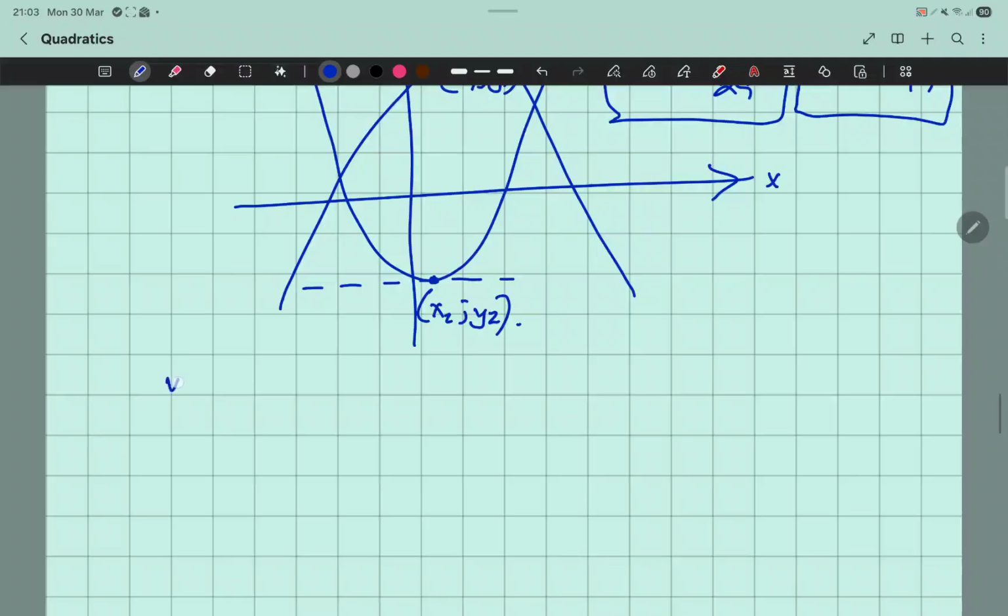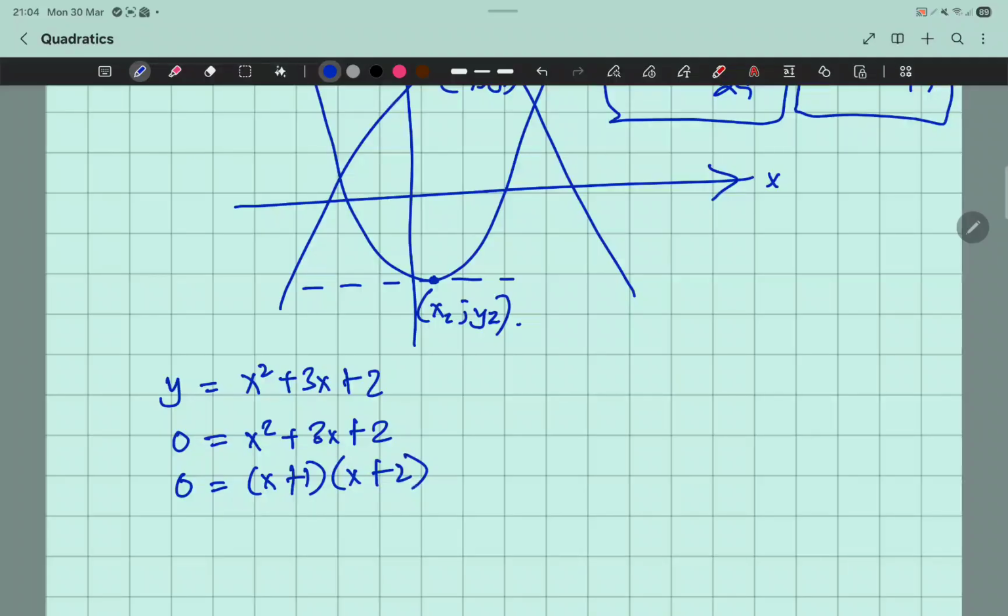So for example, let's say our function y is equal to x squared plus 3x plus 2. We want to find the roots of this first. 0 equal to x squared plus 3x plus 2. 0 is equal to x plus 1, x plus 2.